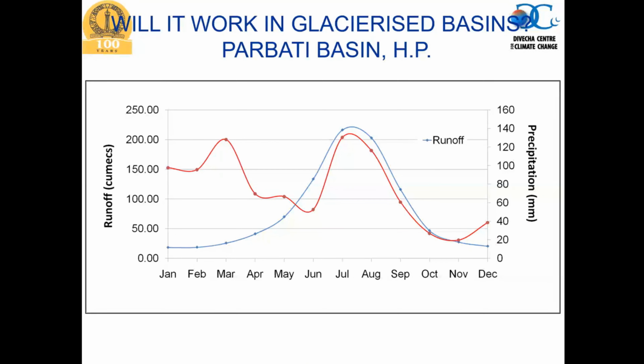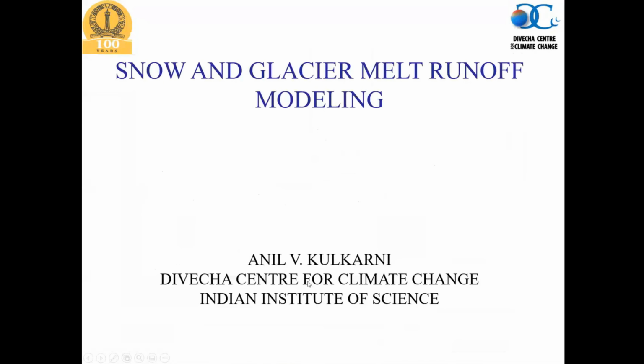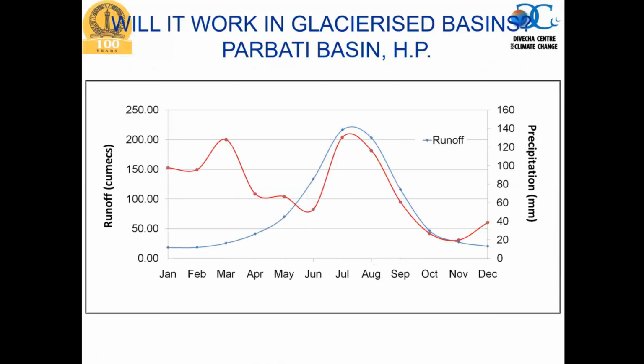You can extend it, like in this particular case, where actual and computed runoff are compared using the basin characteristic. This is one of the simplest methods, and this is the first approximation which was done. But when it comes to application to snow and glacier, will it work or not?